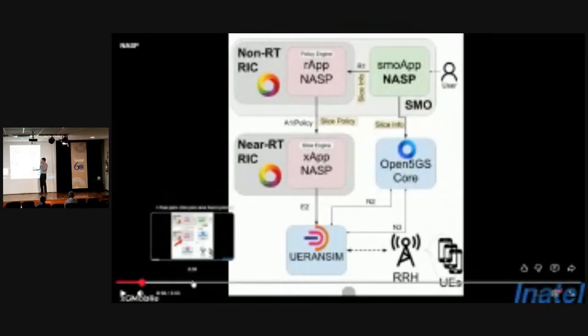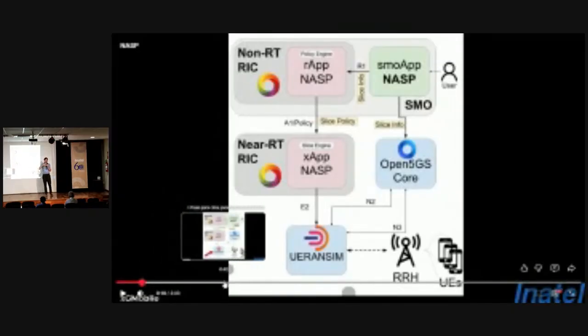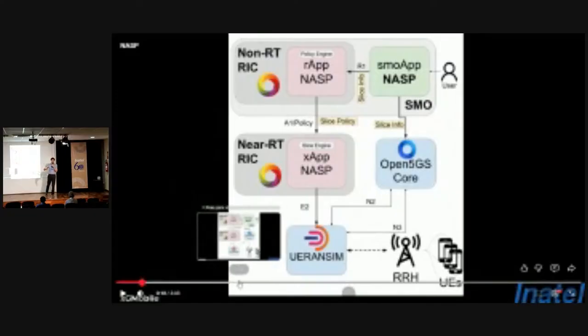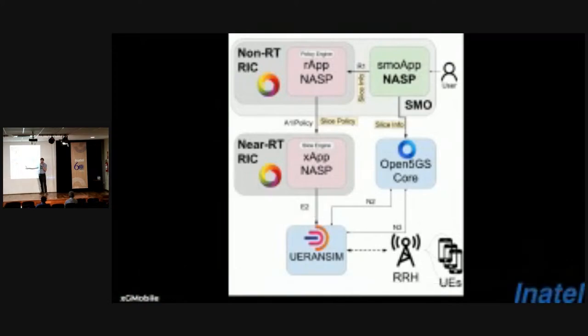It's important because the non-real-time RIC has more time for decision, seconds, and the xApps don't have much time for execution. I think about the configuration of the RAN and the xApp execution, considering the simulation or not, the radio stack.